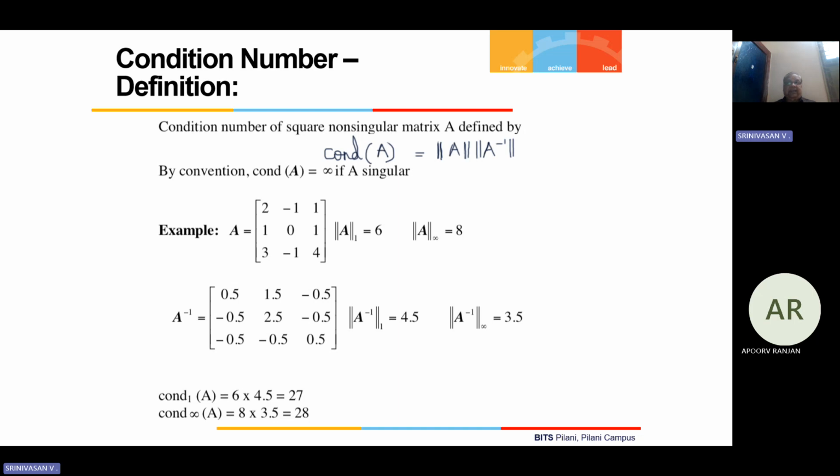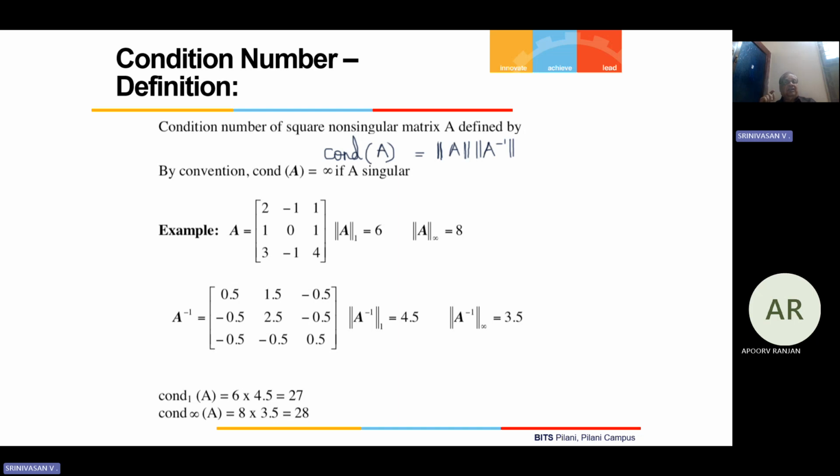Second column, take absolute values: 1, modulus of minus 1 is 1, plus 0 plus 1, it's only 2. Third column, you don't need absolute values because they are already positive: 1 plus 1 plus 1 plus 4, 6. Which is the maximum? The maximum column sum, 6. That is your norm A suffix 1.